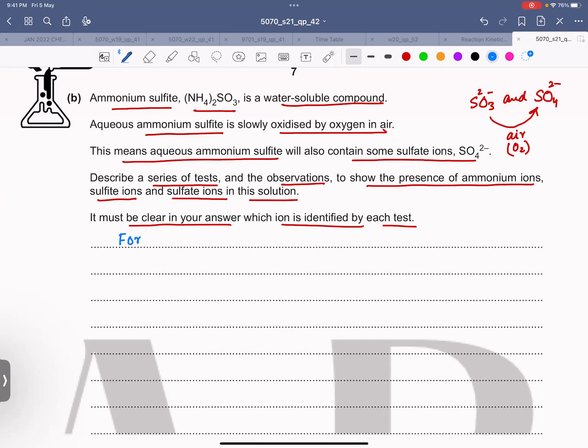So first you would mention which test you are going to show. So for ammonium ions, add aqueous sodium hydroxide and warm the solution. Okay.